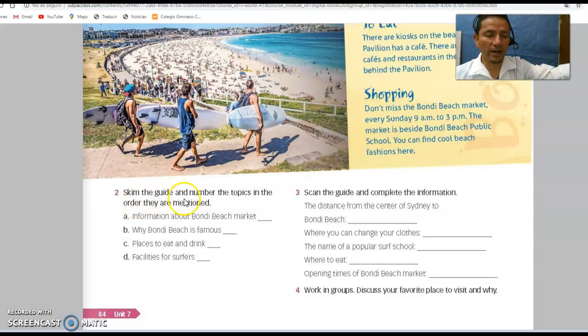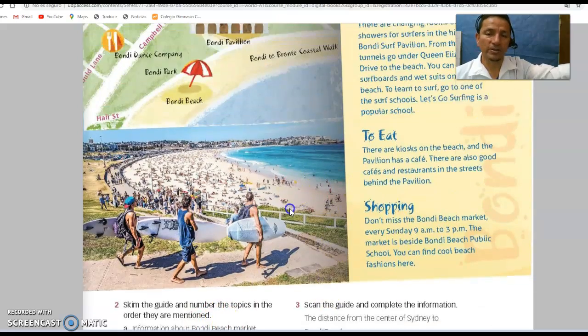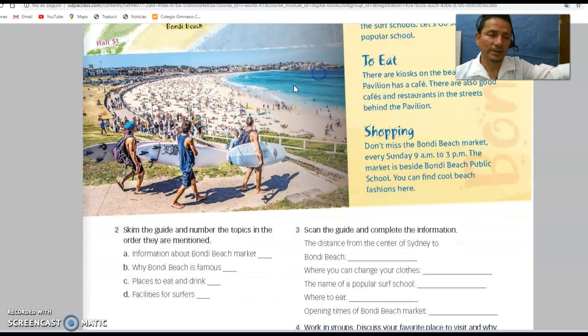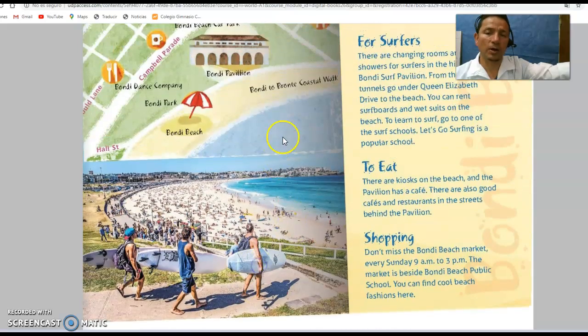Skim the guide and number the topics in the order that they are mentioned. So according to this, what is the first, what is the second activity, and continue. All right, so A, information about Bondi Beach market.